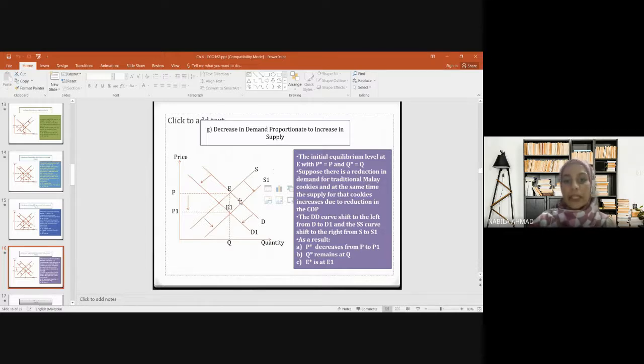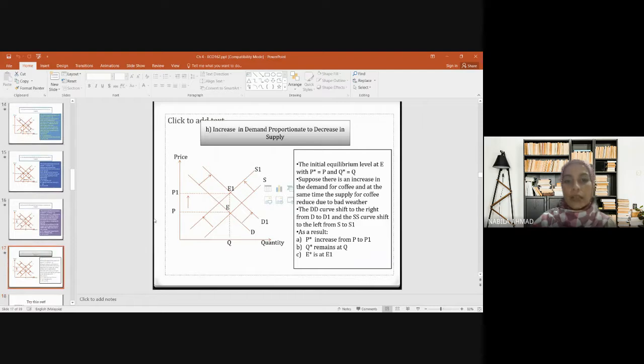So demand decreases from D to D1, and supply increases from S to S1. Demand shifts to the left, supply shifts to the right. So S1 intersects with D1. So this is the new equilibrium point. So price reduces but quantity is unchanged.